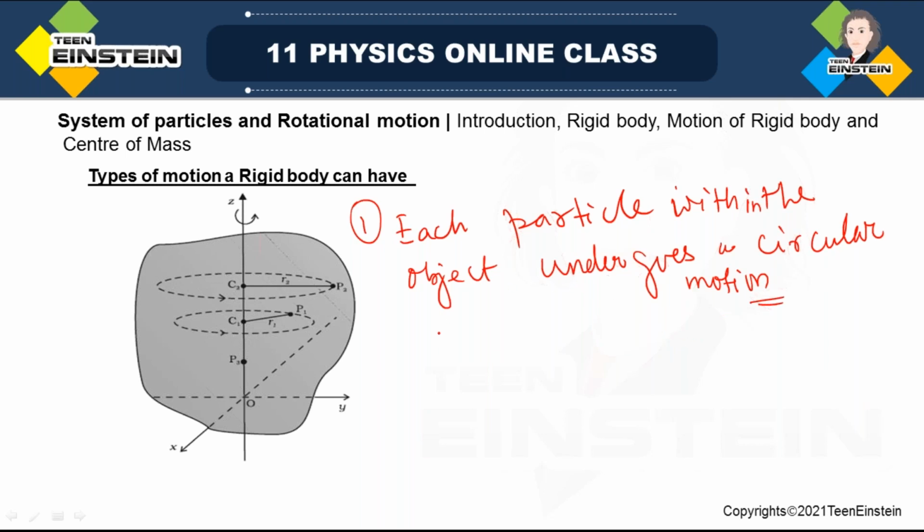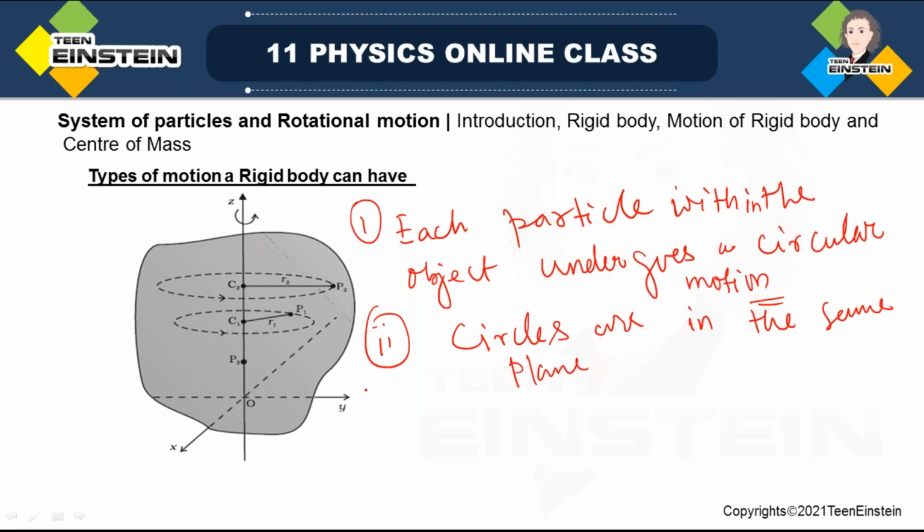The circles are in the same plane, they lie in the same plane, but the radii are not the same.